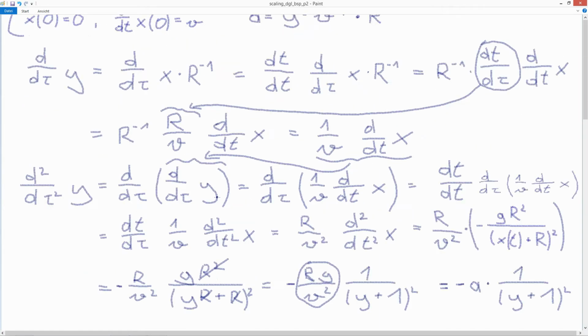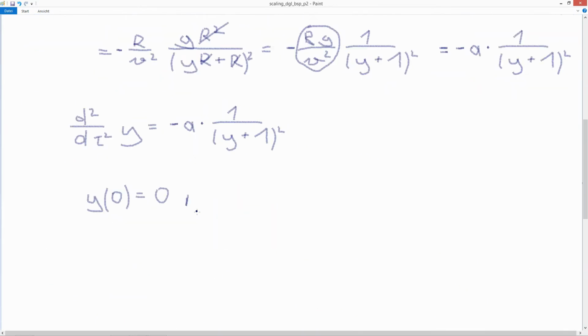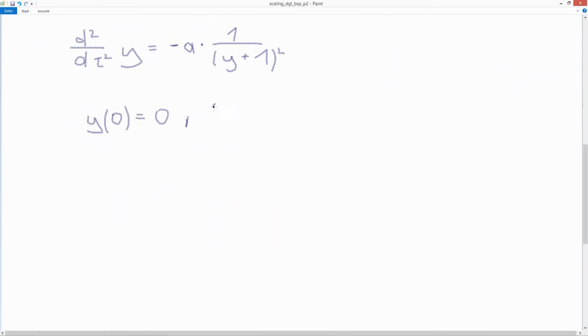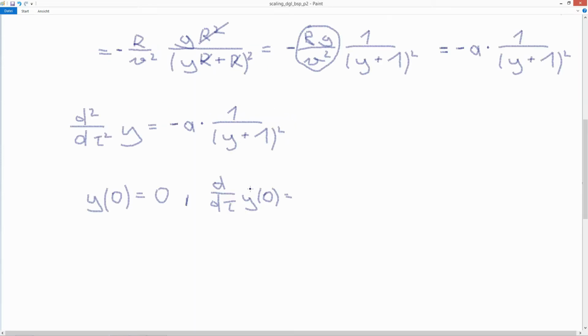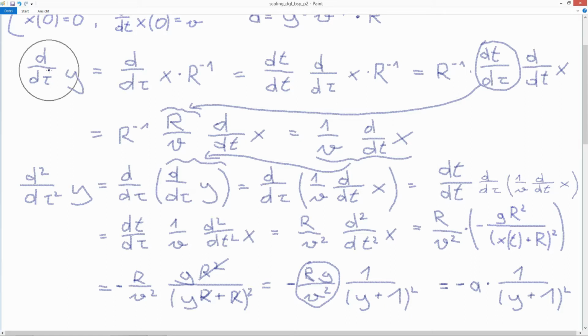And then we have to find out what y differentiated with respect to tau at 0 is, but we have already calculated this here, because from this here we know that y differentiated with respect to tau is equal to that here.